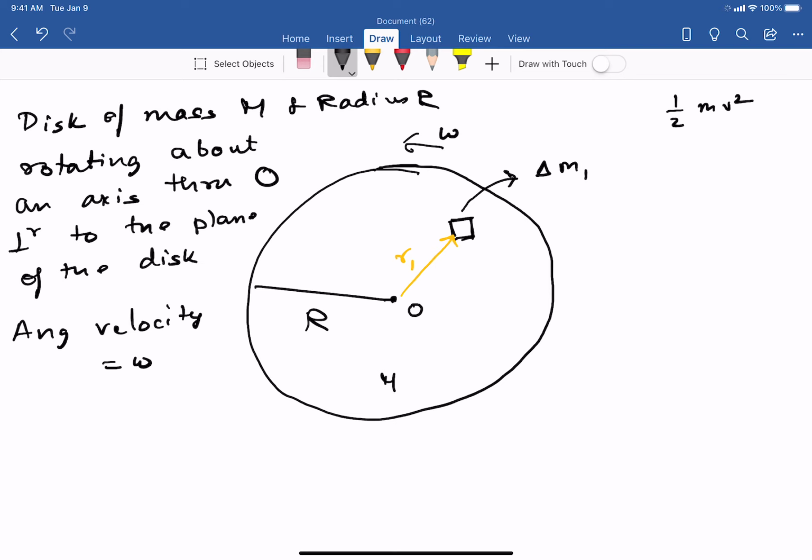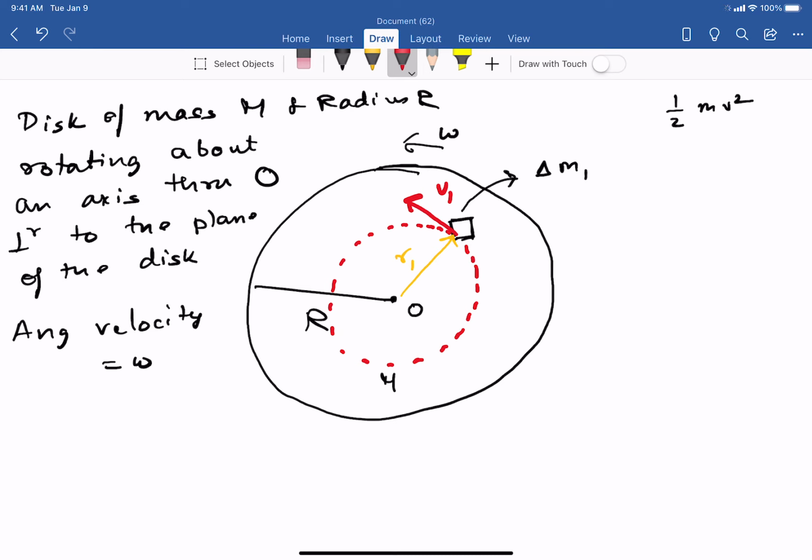I also need to know the instantaneous velocity with which this mass is moving. This mass is describing a circle like this, and its instantaneous velocity is in the tangential direction, right? Let's call that v1. So what is v1?